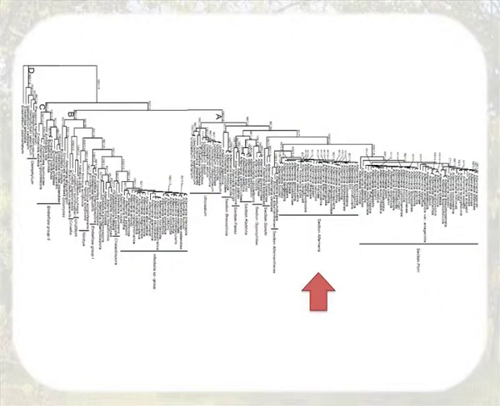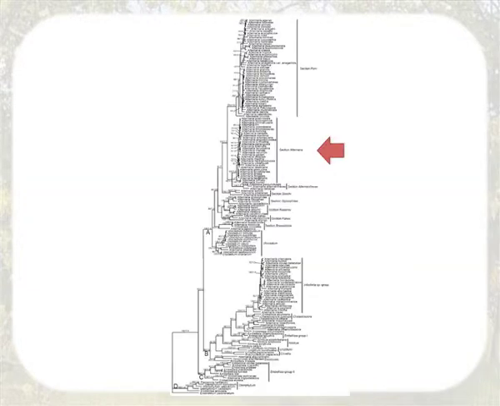So this is the Alternaria genus itself, and we've got a lineage of large spored isolates, and then a lineage of small spored isolates.